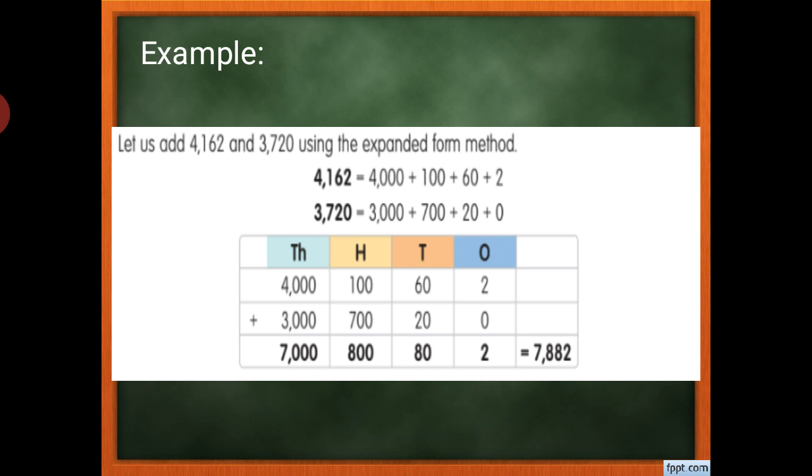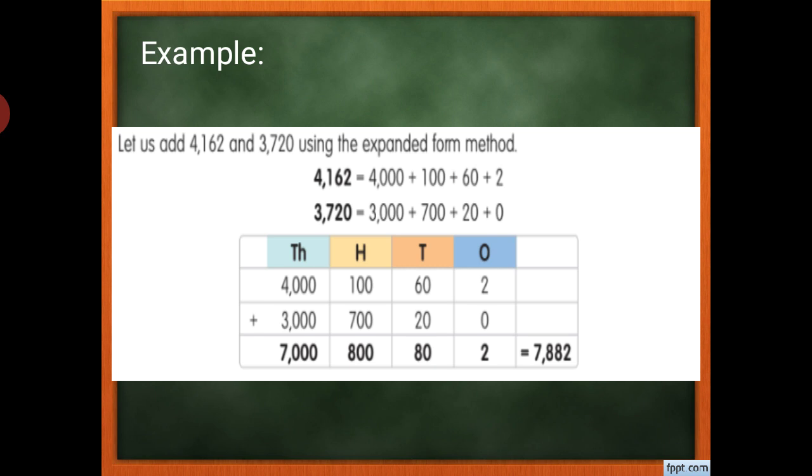So next, here is an example. Let us add 4162 and 3720 using expanded form method. If we are using expanded form method, that means first we have to expand both the numbers. So first number is 4162. We have expanded like this: 4000 plus 100 plus 60 plus 2.